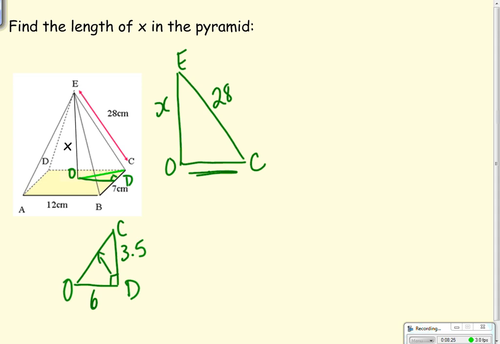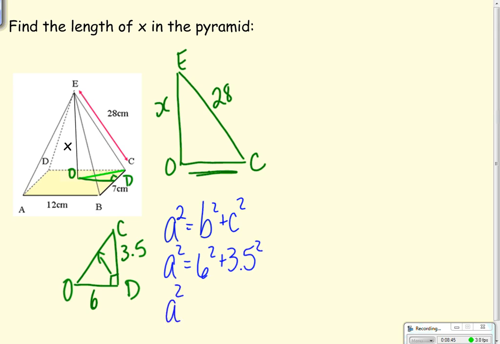And to do that, that's a hypotenuse, so we're just going to use a squared equals b squared plus c squared. That's going to give us a squared is equal to 6 squared plus 3.5 squared.